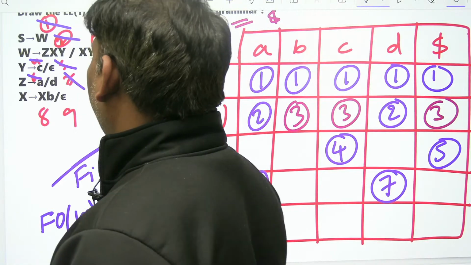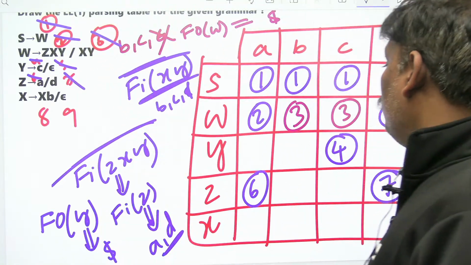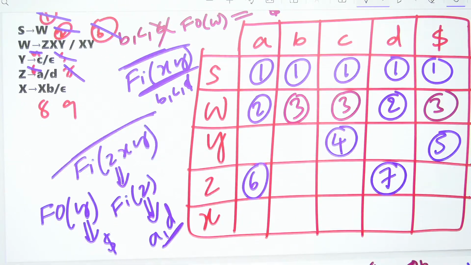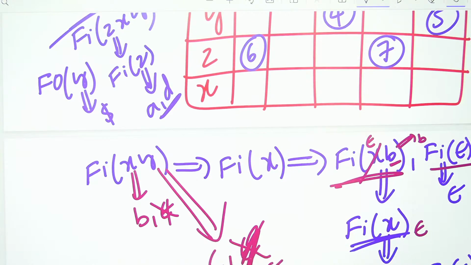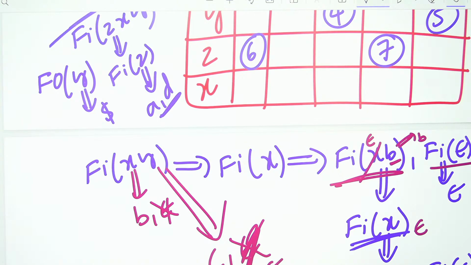So fifth also completed. Let's go to 8th and 9th, which may be difficult. Please be careful, 8th and 9th you have to take care. Where will the 8th production go? 8th production will go to first of xb. First of xb means first of x.